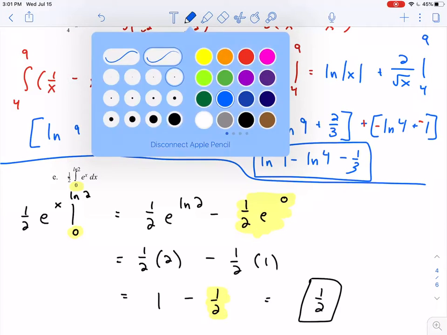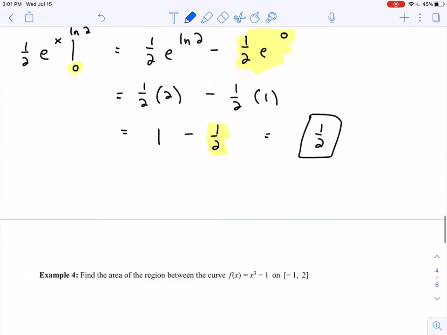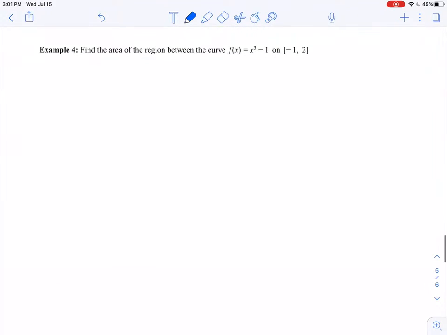I want to look at one last example before we wrap this video up. Example 4. Find the area of the region between the curve f of x equals x cubed minus 1, and, I forgot to say, the x-axis, on the interval -1 to 2.